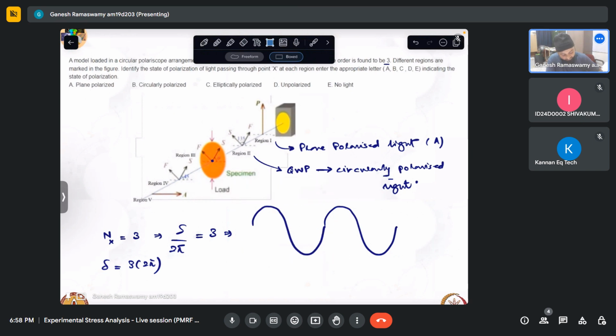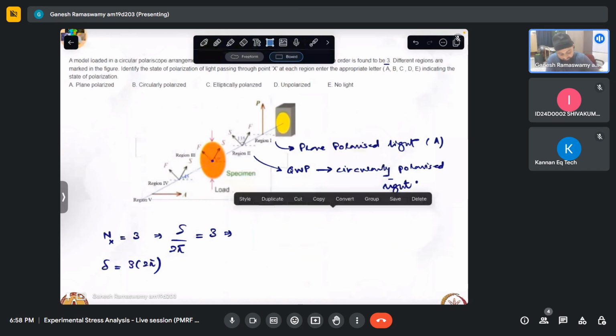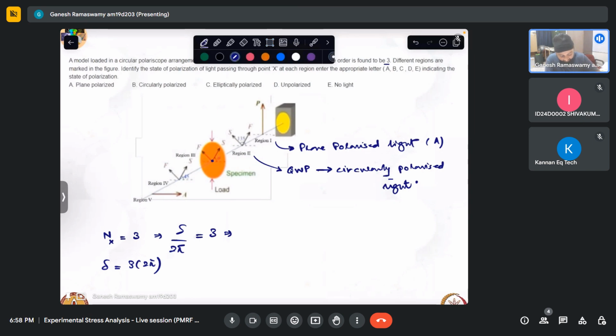So since the fringe order is an integer fringe order, in region 3 the model behaves like a full wave plate, in which case the light is still circularly polarized. It won't be so if the retardation was not an integer multiple of the wavelengths. If that was different, then there would naturally be some modification.